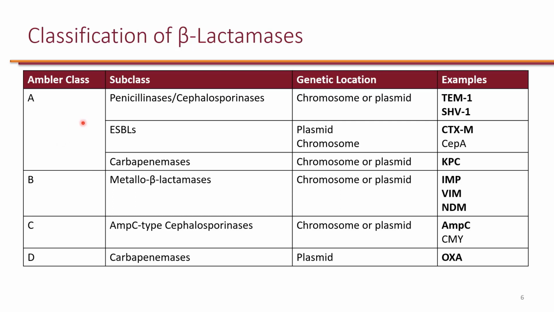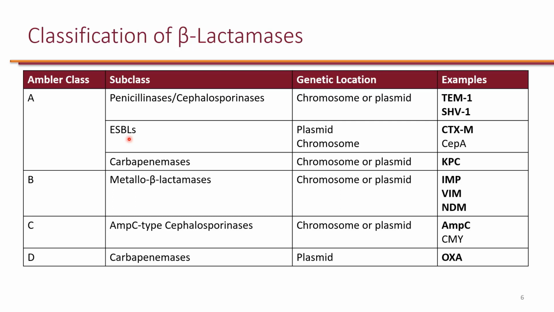Class A can be a bit confusing because it has several subclasses. First we have penicillinases and cephalosporinases, such as TEM-1 and SHV-1. These break down penicillins as well as 1st and 2nd generation cephalosporins, and are sometimes referred to as narrow spectrum beta-lactamases.